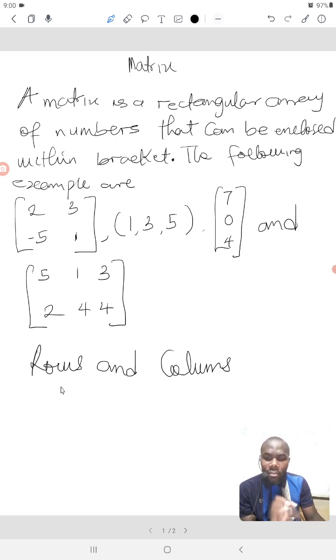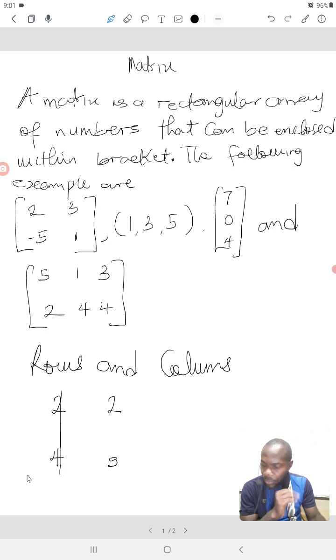These two terms are common in matrix. For example, you have a matrix of 4, 2, 4, 2, 5. You see this line?